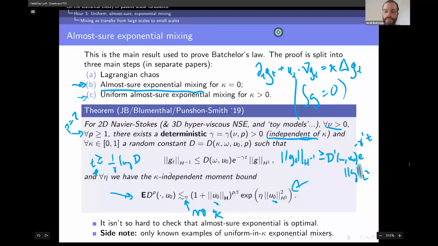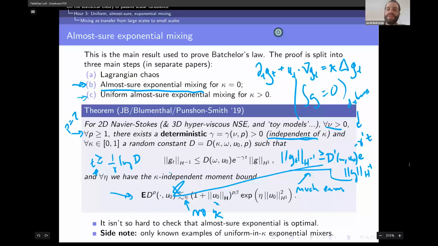Well, I think the norm on G would be H minus 1 here. So you can prove that you can reverse this, and this is actually much easier to prove. And D prime still satisfies this estimate, and gamma prime is still deterministic. At least for the kappa equals 0 case, this is how you would quantify that this is optimal.